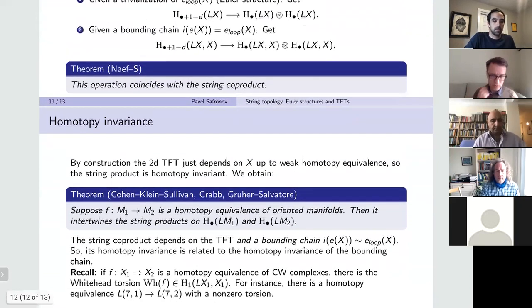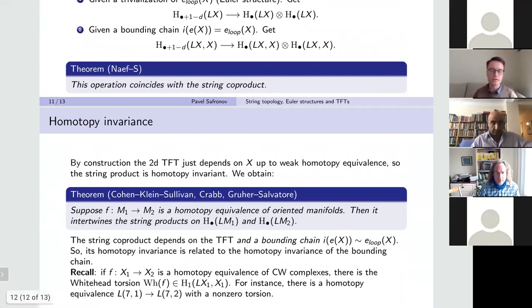Okay, so let me say a few words about homotopy-invariance. As I said, the input to this 2D TFT was just a homotopy type with some finiteness condition. So this 2D TFT is completely homotopy-invariant. Anything you can extract out of this 2D TFT will be homotopy-invariant by construction.